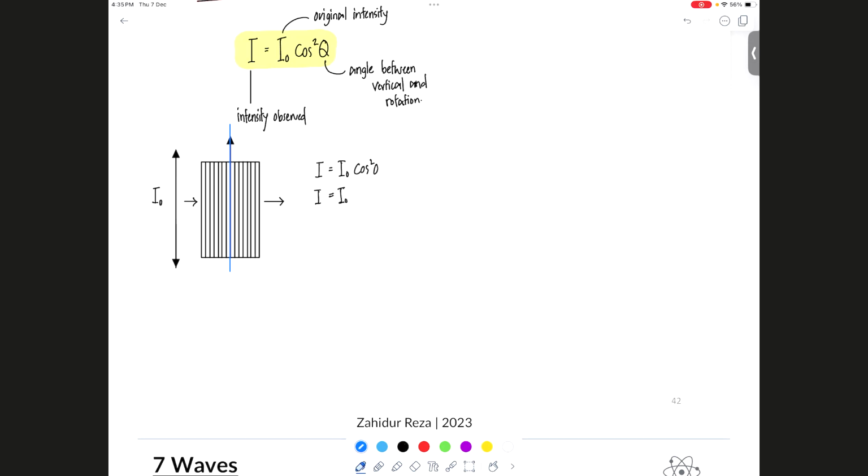It's the same. So that means maximum intensity পাওয়া যায় when the filter is what to the plane? Parallel. And a parallel মানে হচ্ছে angle কত এখানে? Theta equals to 0 degree. Students get confused here. They take theta 90 here. That's not true.